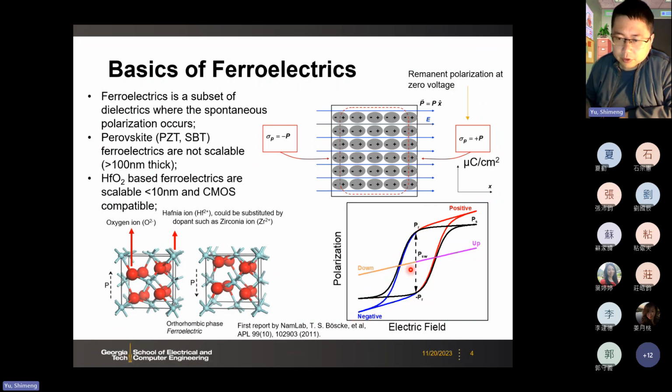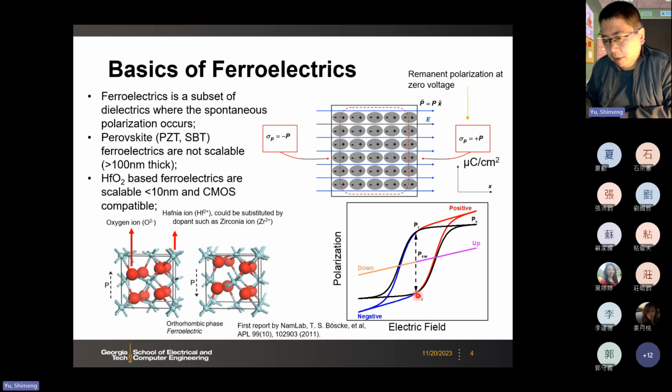Then at zero voltage, after you remove the field, you have two states: the dipoles are either pointing up or pointing down. So you have the so-called remnant polarization, PR, which characterizes the window for the memory operation. Here we show this positive up, negative down switching.